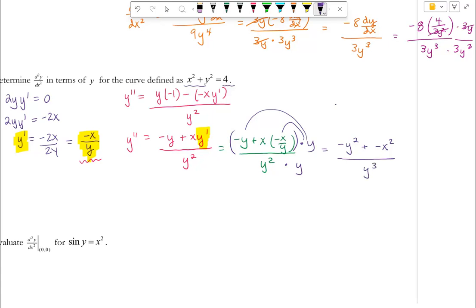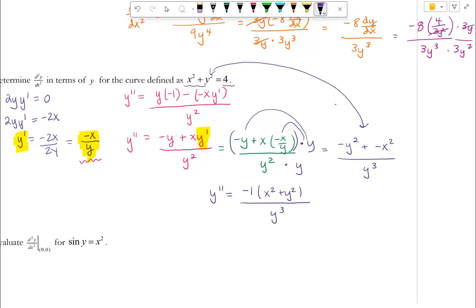Okay, we still have x's and y's in our numerator. But what I'm starting to notice is that my numerator is starting to look like the curve I started with, but we do have some negatives to deal with. So what if I factored out a negative 1 from my numerator of my second derivative? I could now write this as negative y squared plus x squared, over y cubed, which is negative x squared plus y squared over y cubed.